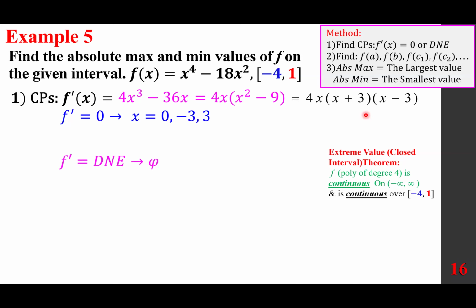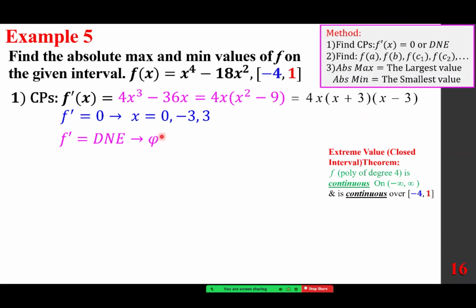F prime does not exist doesn't give us any solutions, because f prime itself is a polynomial of degree 3, and therefore it is defined everywhere. So f prime does not exist doesn't produce anything. So we have 3 answers.